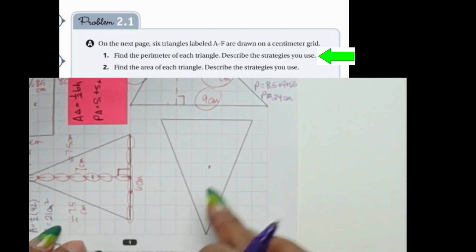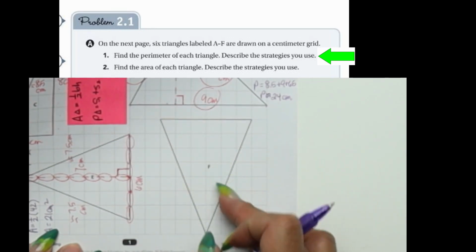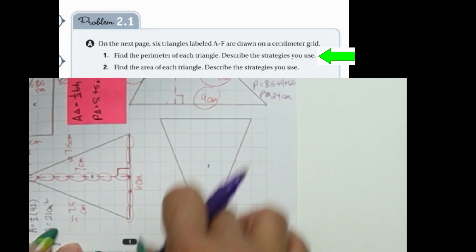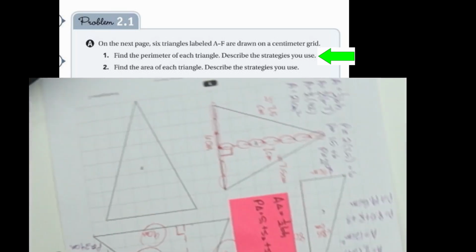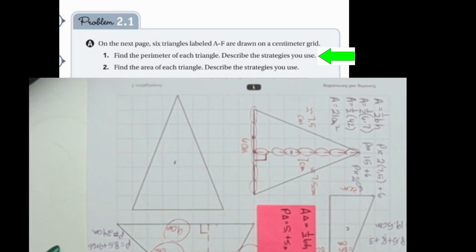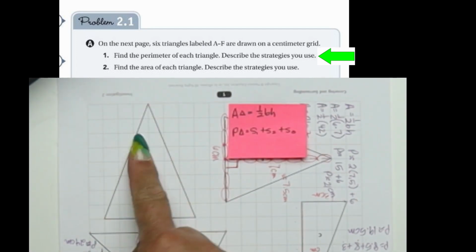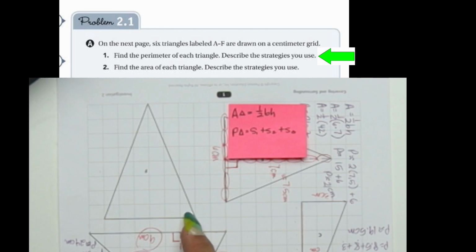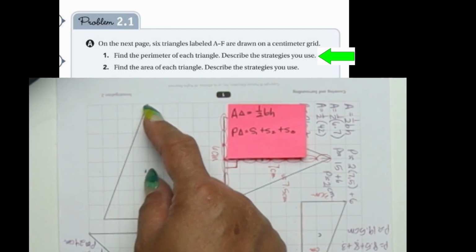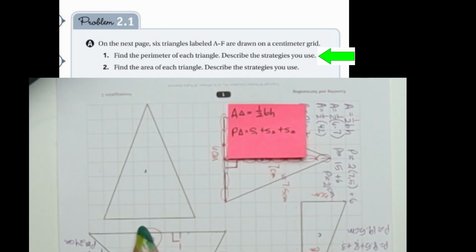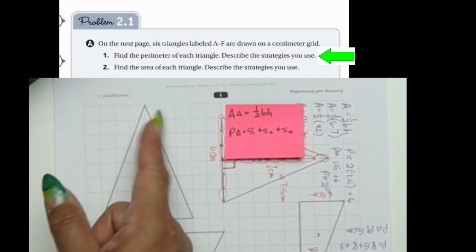Now the letter F is this way, but the base, this is not a base. I'm going to have to rotate it so that the base is resting and not floating. So this is going to be my base. Base, and I have to find the height because there's no 90-degree angle here. So in order to find my 90-degree angle for height, I need to find the base and draw a line perpendicular to the vertex above.